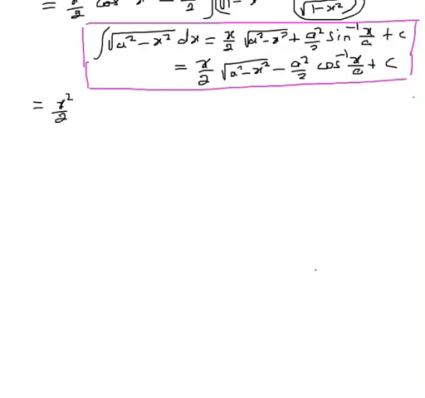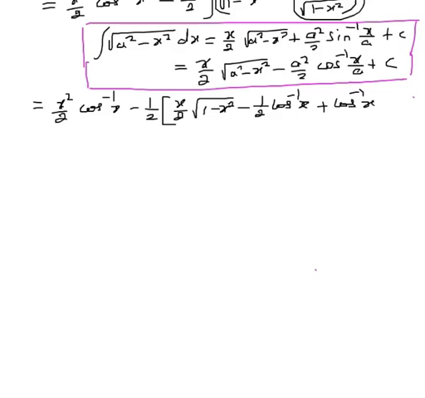x square divided by 2 cos inverse of x minus half into x by 2, a is 1 here, so root of 1 minus x square minus 1 by 2 cos inverse of x, and integral of minus 1 by root of 1 minus x square can be written as cos inverse of x.